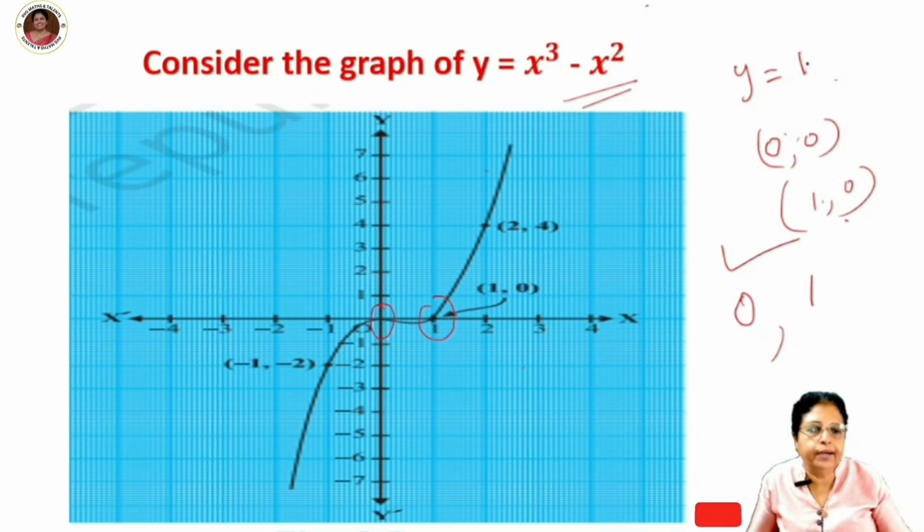X equal to 1, 1 cube minus 1 square, that is 1 minus 1, that is equal to 0. That means x equal to 0 and x equal to 1 are the zeros of this polynomial. That are the x coordinates of the intersecting points of the x-axis and the graph.